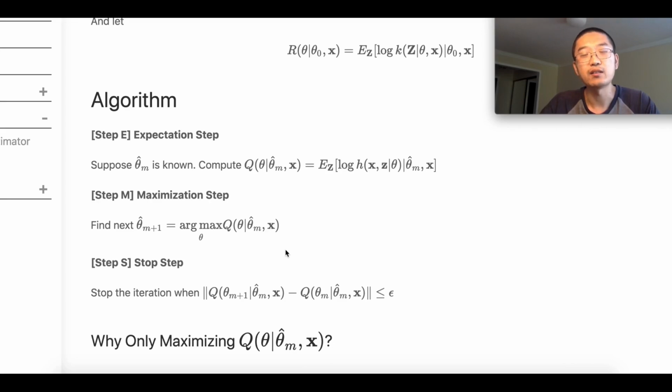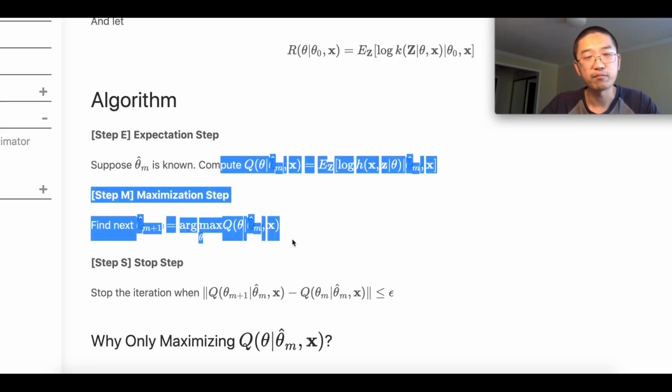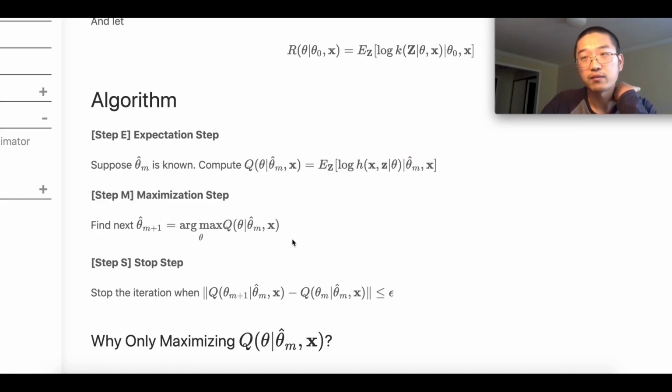But there are some drawbacks of the EM algorithm. It could easily fall into a local maximum of Q rather than the global maximum. But in most cases it shouldn't, especially for normal distributions.